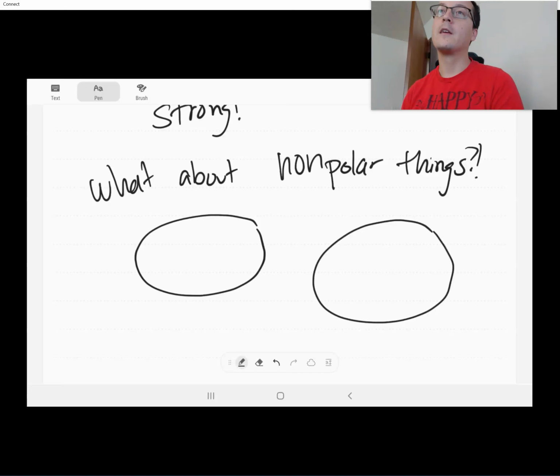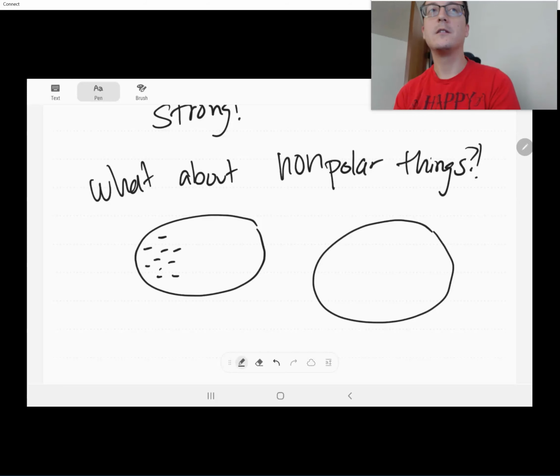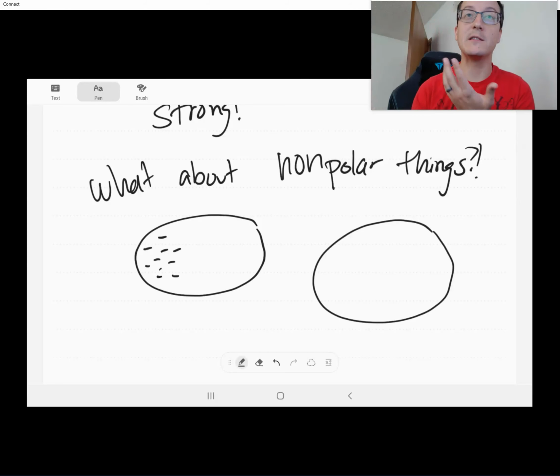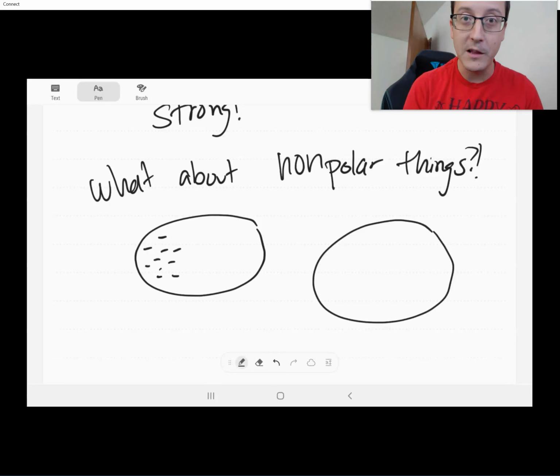Occasionally, in a molecule, at one point in time, maybe a lot of electrons are going to be located on one side of the molecule, just by chance, because all these electrons are crisscrossing all over the place.